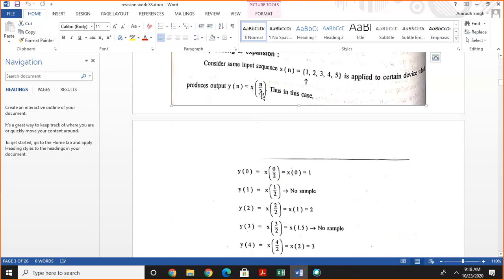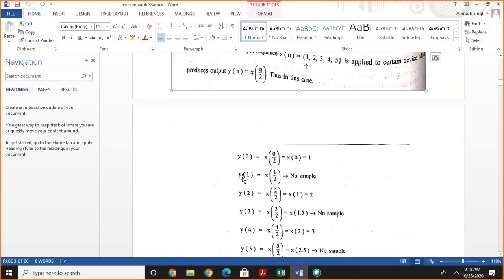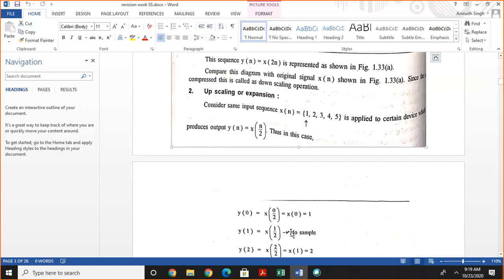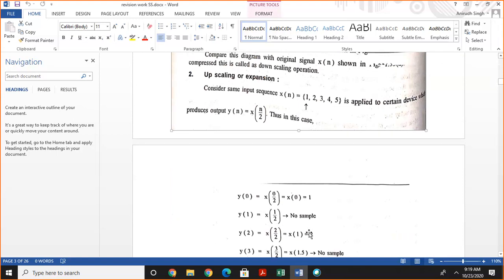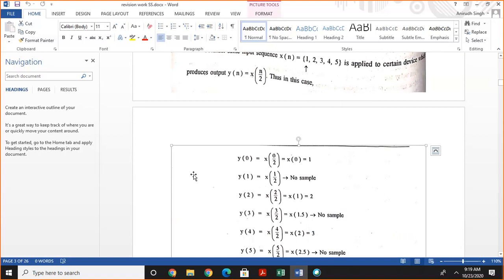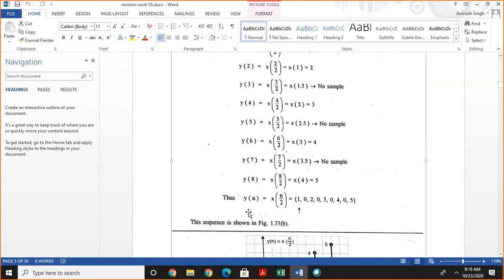Similarly, x of n is given by this, and you have to produce y of n is equal to x of n by 2. So substitute the values n is equal to 0, 1, 2, and in this case when you put n is 1, y of 1 is equal to x of half, and there is no value of x of half, so you put x of half is equal to 0.